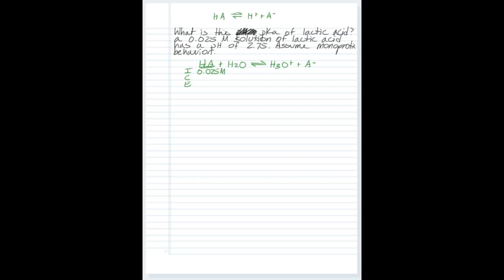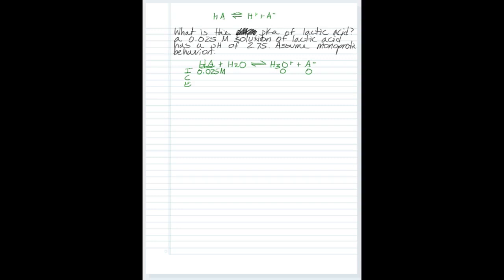It does dissociate, but when I say 0.025 molar solution, I'm saying that that's my concentration calculated for HA. We can make the assumption that since that's our initial concentration, when we're adding it to water, at first we have no hydronium or conjugate base of this acid. Then we're going to get a change, and then we're going to finally come to equilibrium.